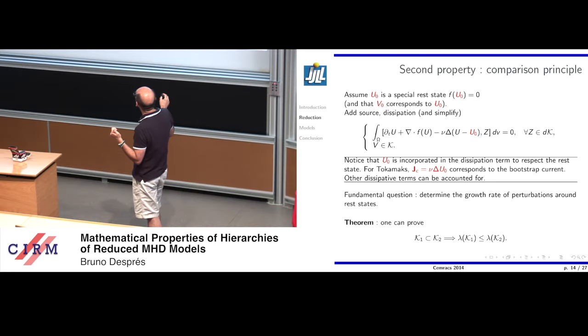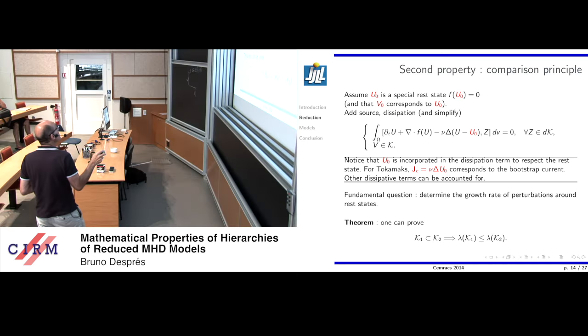Once again, I use a forcing term, a reference state, which I call U naught. So U equal U naught is a stationary solution of that system. This is what we propose for the MHD model. The bootstrap current can be put there as well.